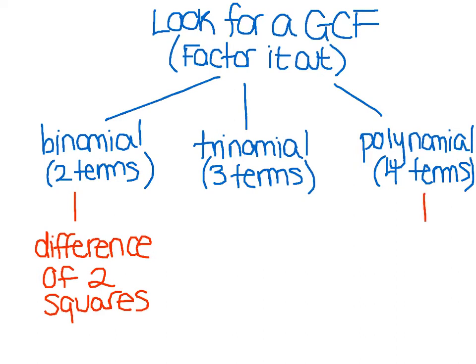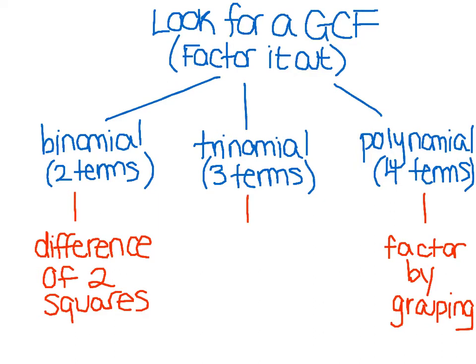If you have a polynomial, four terms, you're going to factor by grouping. That was yesterday's lesson. You're going to write the first two terms into a binomial and the second two terms into a binomial, take out the GCF of each binomial, and then have one factor be the common binomial and the other factor be the remaining GCFs.